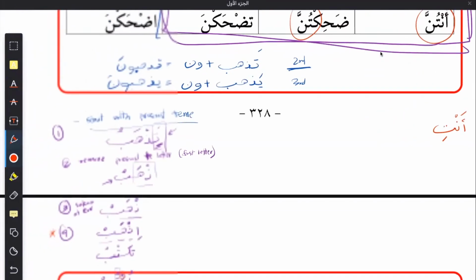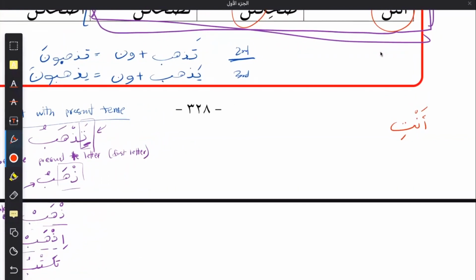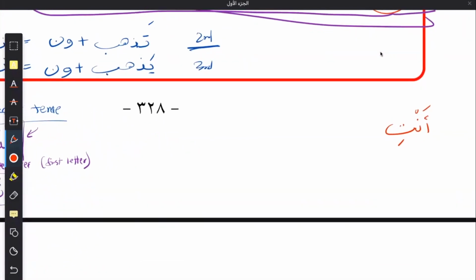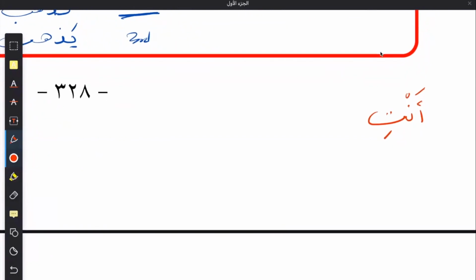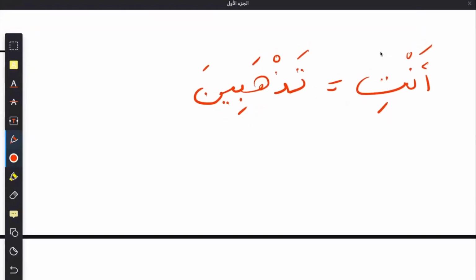So what is the second person feminine present tense verb for dhahaba? This one I need from you. Tadhabina. So we say tadhabina. Exactly. Excellent.